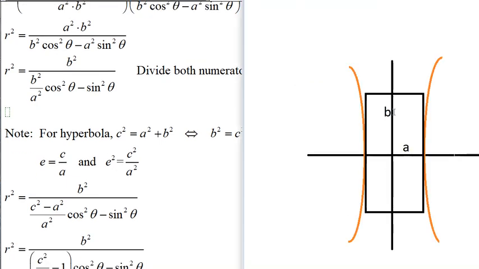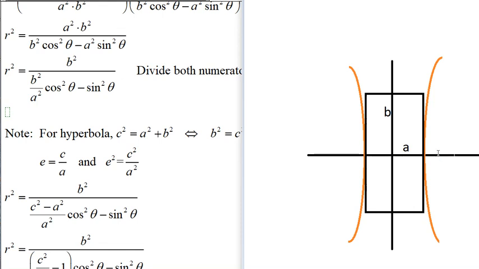Recall that for the hyperbola, the relationship between a, b, and c is c squared equal to a squared plus b squared. Once again, a is the distance from the center to the vertex right here, and then we have the focus over here, and c is the distance from the center to the focus.